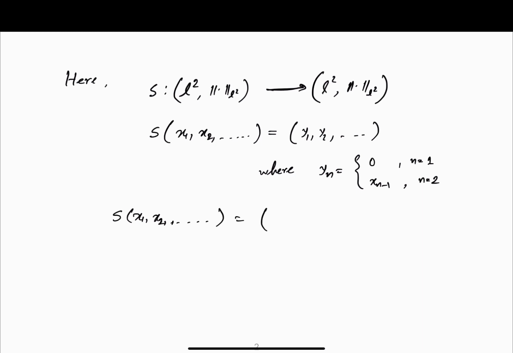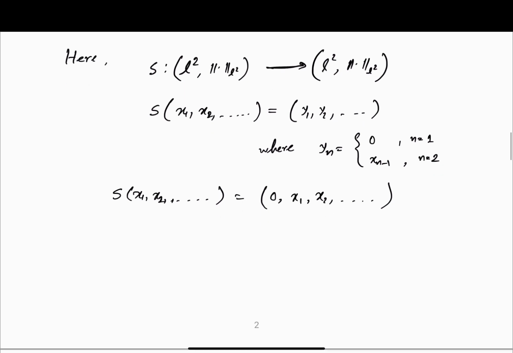So y1 is always 0, y2 is x1, y3 is x2. It basically shifts one place to the right. That's why S is called the right shift operator.